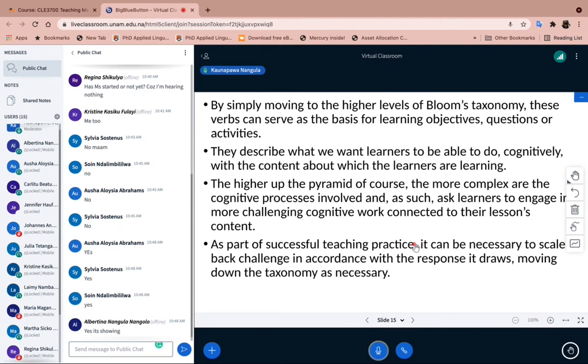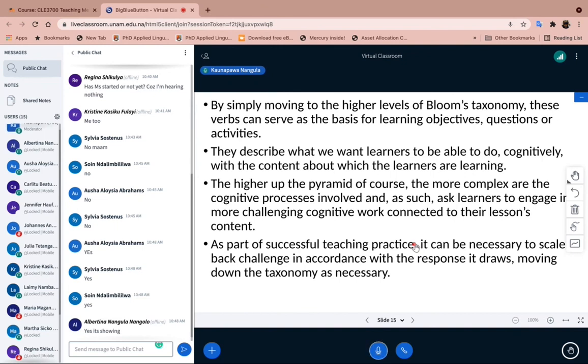The higher up the pyramid, the more complex the cognitive processes involved, such as asking learners to engage in more challenging cognitive work connected to their lesson content.